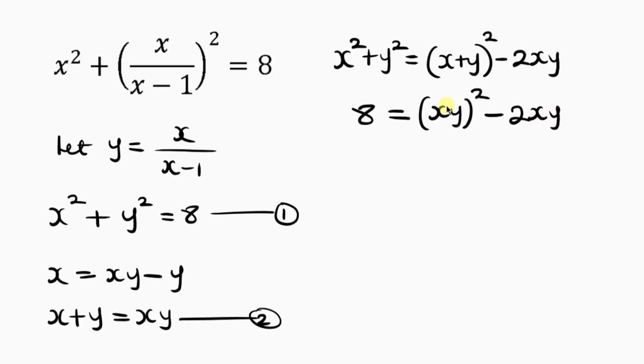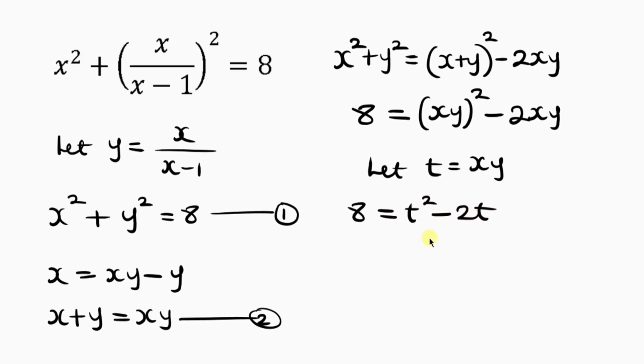Now this is looking good. You can see that I have (xy) squared, then 2xy. So it is easy for me to say let t be equal to xy. That means wherever I see xy, I'm going to be putting t there. So this is 8 equal to t squared minus 2t.